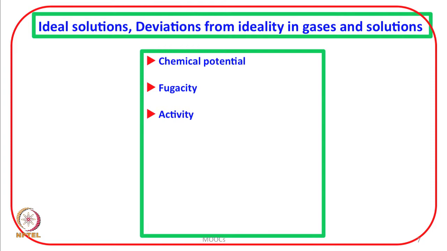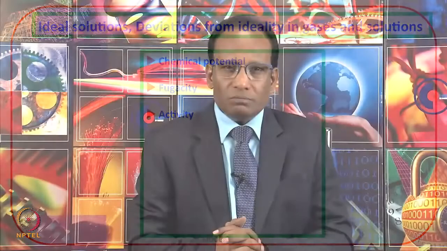Why fugacity and activity are important to discuss? We discussed what is an ideal gas, we discussed what is an ideal solution. In an ideal gas, there are no intermolecular interactions, whereas in ideal solution, there are intermolecular interactions, because if there are no intermolecular interactions, then the solution will not be formed or two liquids will not be miscible.